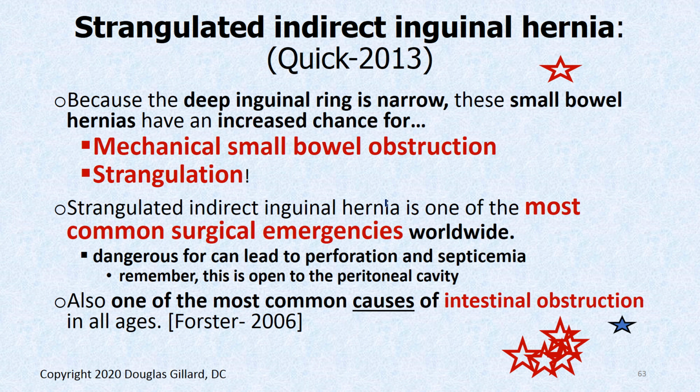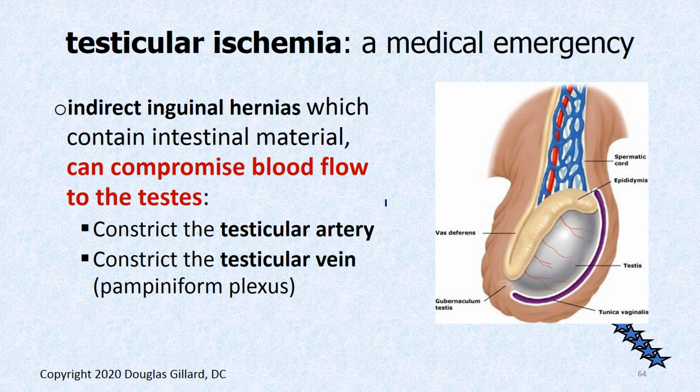So these are not good. These strangulated indirect inguinal hernias are the most common surgical emergency worldwide because of perforation, peritonitis, and septicemia, and are one of the most common causes of intestinal obstruction in all ages.